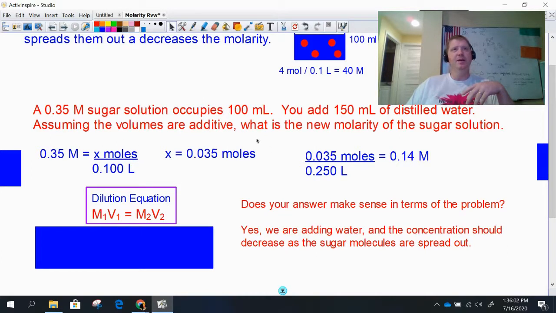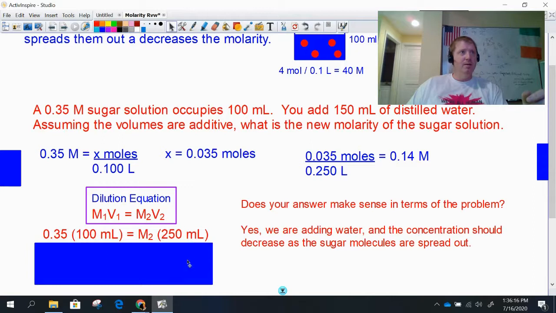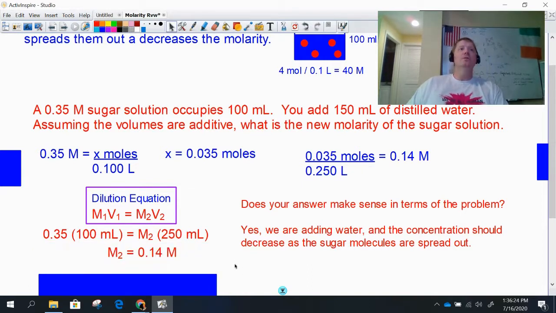These 2 pieces up here are actually equal to each other because they both have the same number of moles. So if I plug in the molarity and the starting volume, then I don't know the new molarity, but I know the new volume, you could solve for the new molarity.